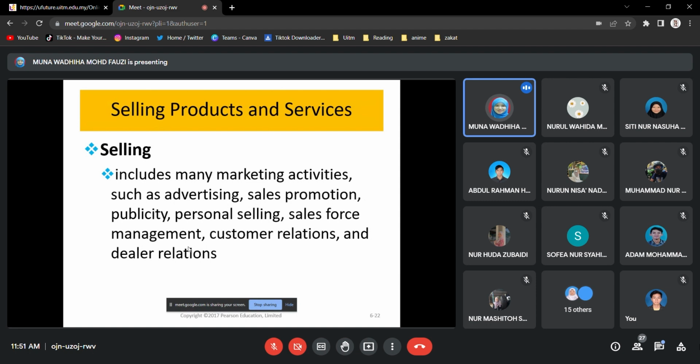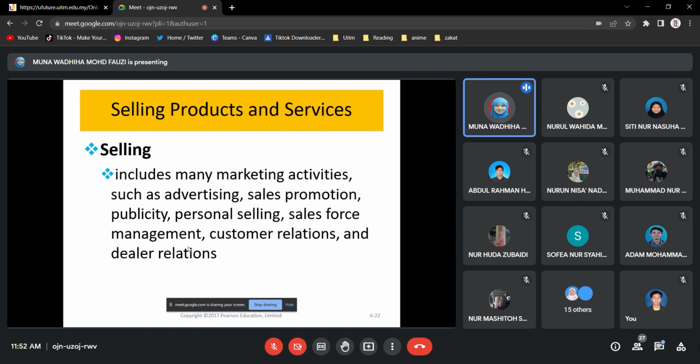And at the same time they can educate the potential customer, give the best information about the features of the product, and many other beneficial values that the marketer can offer to the potential customers. So all of this is included in the selling process, in terms of sales promotion, publicity, personal selling, sales force management, customer relationship, and dealer relationship.